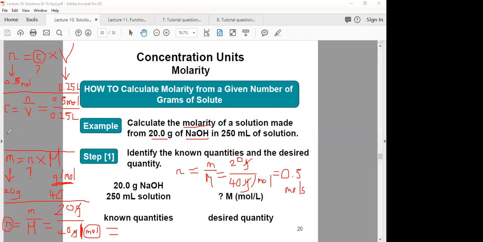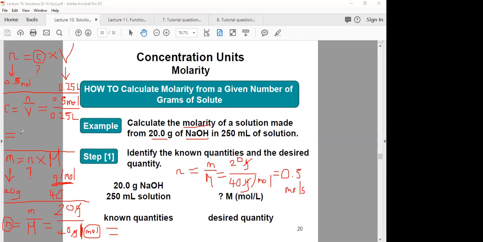Okay, how's everyone going? All done? Okay, so we rearranged to solve for concentration: molarity equals number of moles divided by volume, 0.5 mole divided by 0.25 litres. We can't cancel out any units there, which is good because we're trying to solve for molarity.